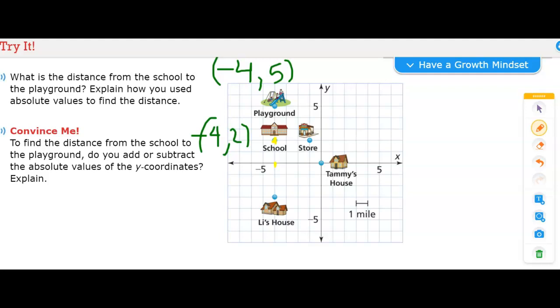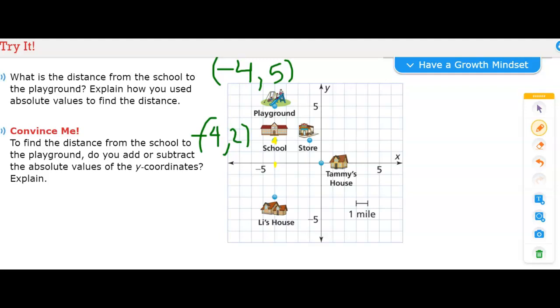Okay, so now we need to use the absolute values to find the distance between the school and the playground. So we're going to only look at the y-axis because they're both on the same line of the -4. We're looking at the distance going up.